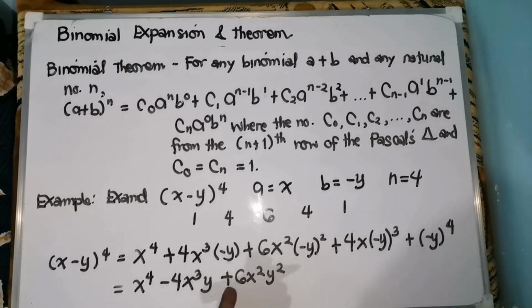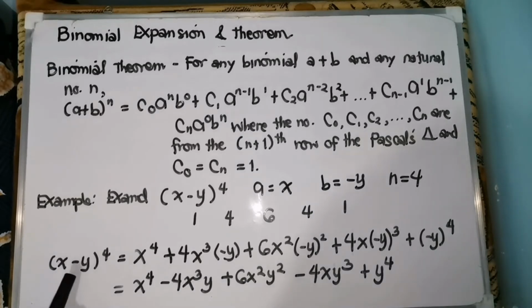So minus, plus, then minus 4x y cubed. And then, plus y to the 4th. So that's it. That will be our answer. When the sign of our binomial is negative, our final answer should be minus, plus, minus, plus. So the negative and positive just alternate.